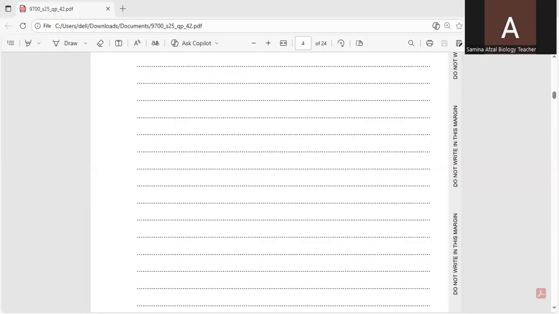So it was in this way that genetic drift and the founder effect affect the population. First of all, I want to write about genetic drift and how it affects populations.